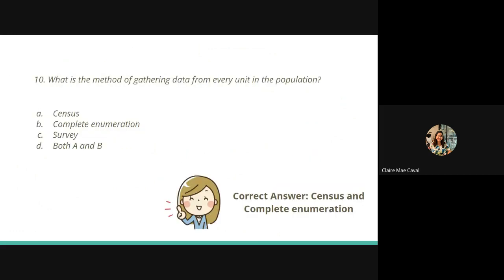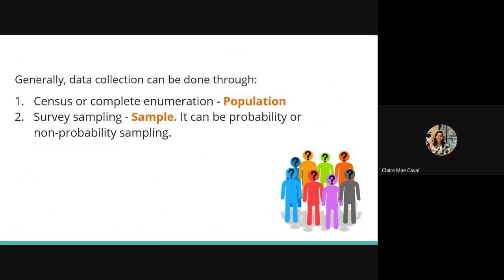Number 10, what is the method of gathering data from every unit in the population? The correct answer is census and also complete enumeration. So generally class, data collection can be done through census or complete enumeration and survey sampling.